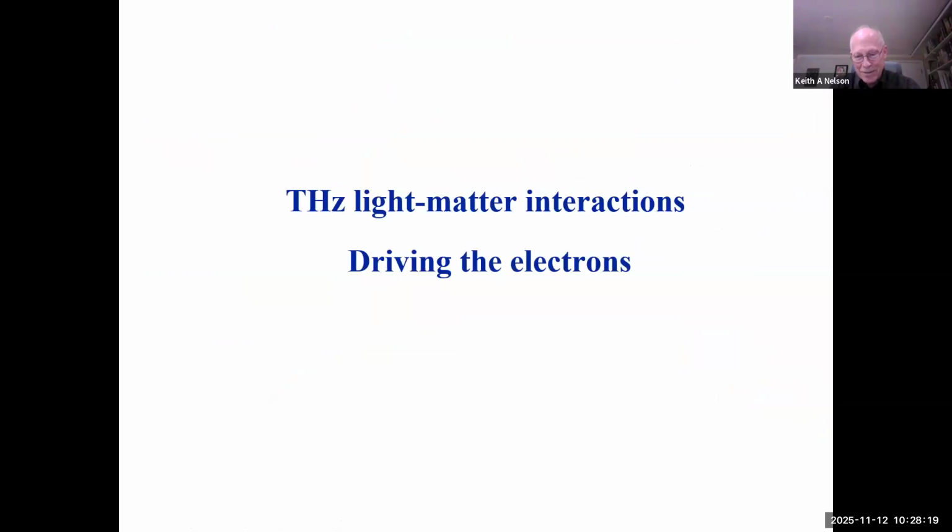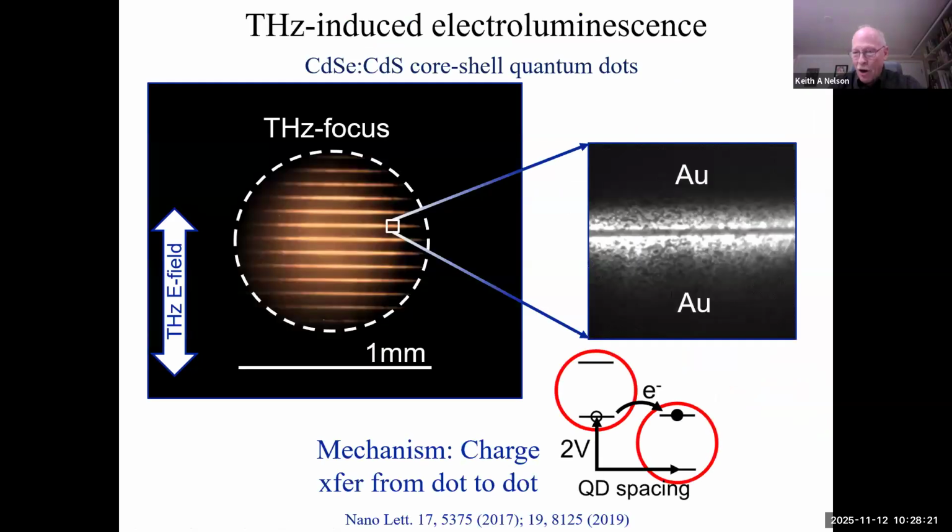So let's start with electrons. All I want to do here is just illustrate some of the things that terahertz fields can do as a result of driving electronic responses of materials of all sorts.